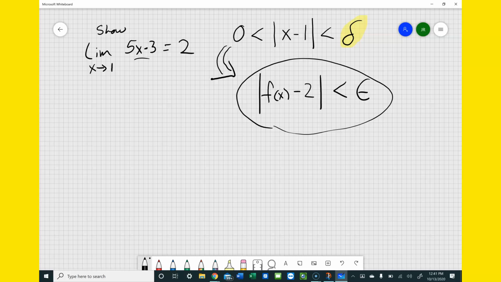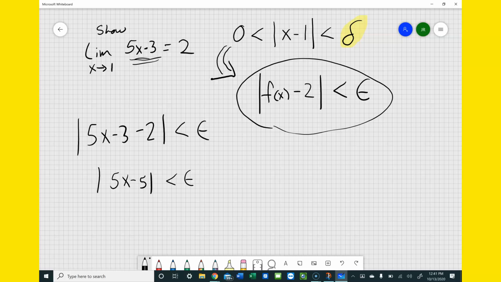So we have the absolute value of 5x minus 3 minus 2 is less than some epsilon value. Simplify: the absolute value of 5x minus 5 is less than some epsilon value.